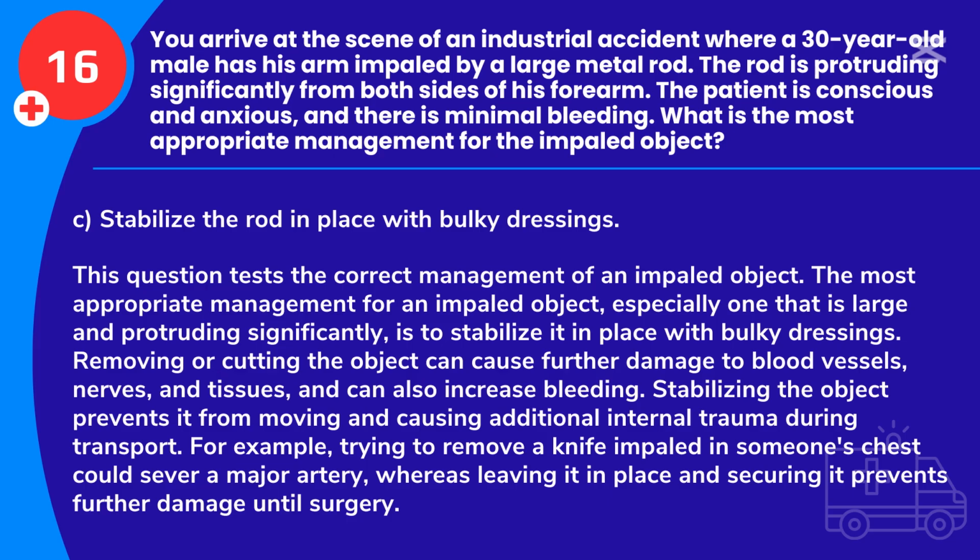Removing or cutting the object can cause further damage to blood vessels, nerves, and tissues, and can also increase bleeding. Stabilizing the object prevents it from moving and causing additional internal trauma during transport. For example, trying to remove a knife impaled in someone's chest could sever a major artery, whereas leaving it in place and securing it prevents further damage until surgery.